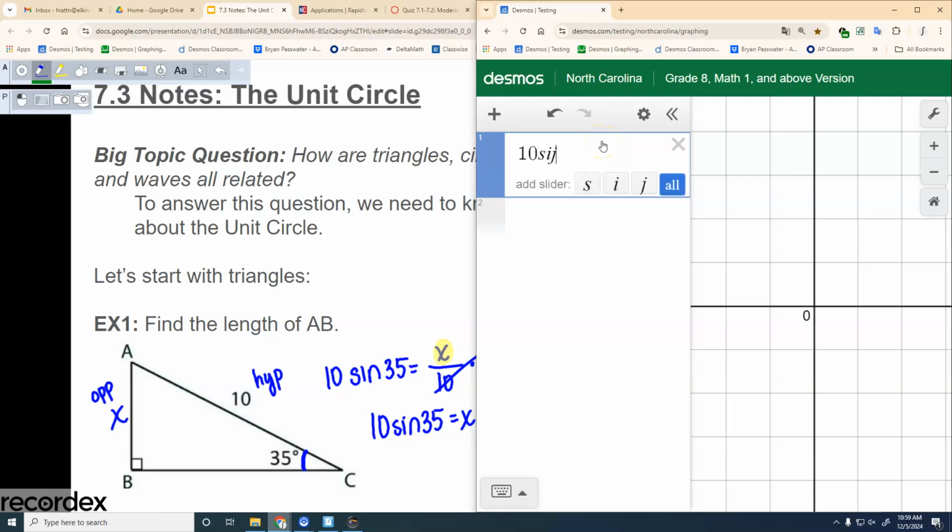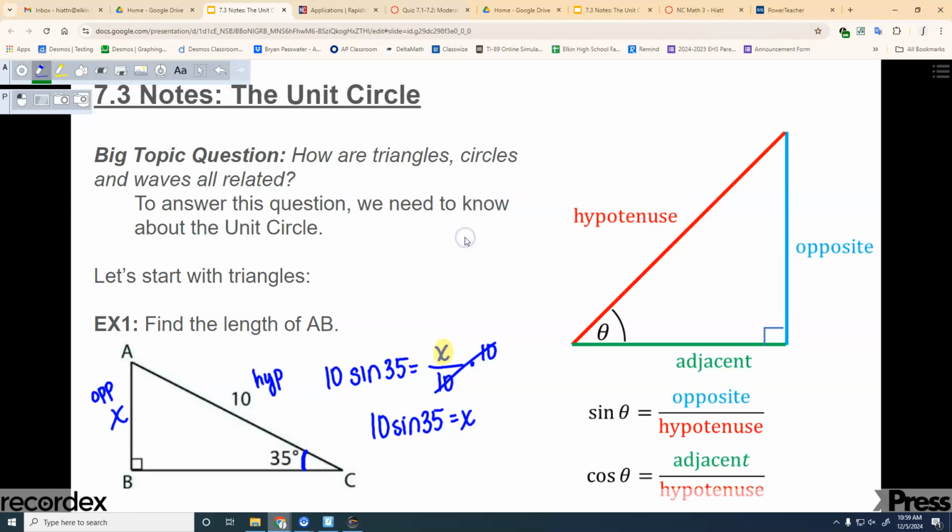So you'll have 10 sine 35, and you'll get 5.736. I just typed 10 sine 35 into the calculator.